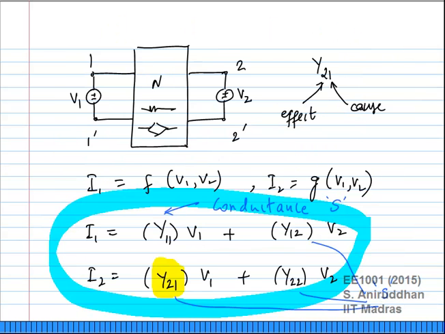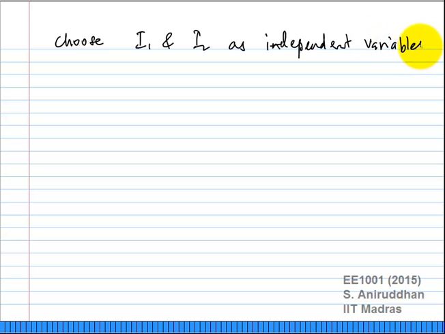Now, we decided to choose V1 and V2 as the independent variables and I1 and I2 as the dependent variables. You could also choose the opposite way of representing the network. So if you chose I1 and I2 as the independent variables, what kind of equations can you write describing the system?